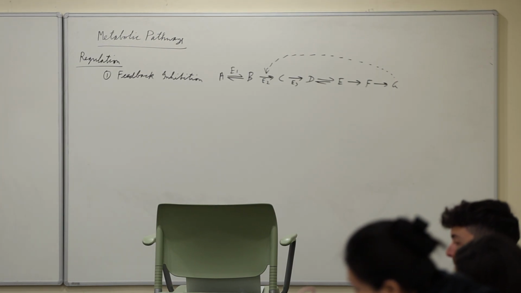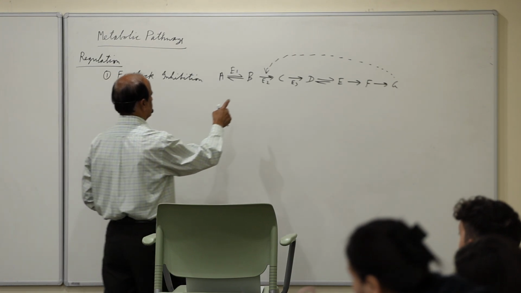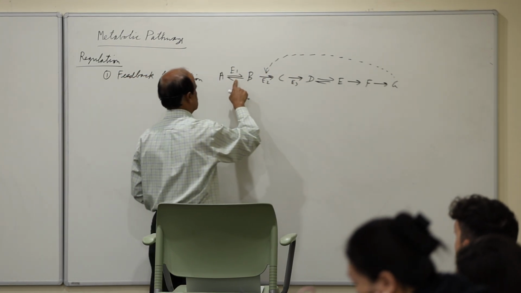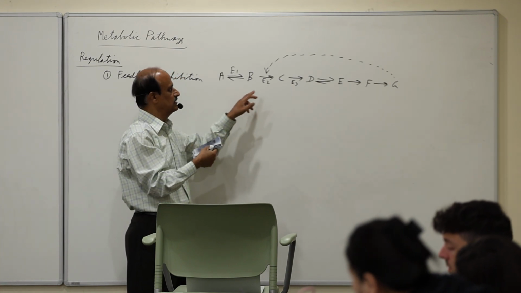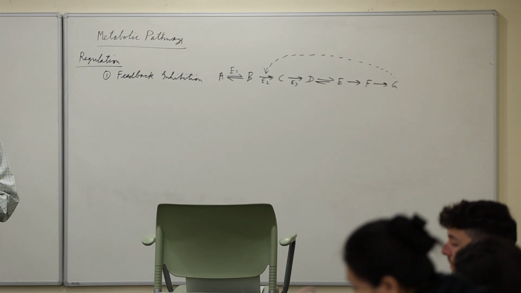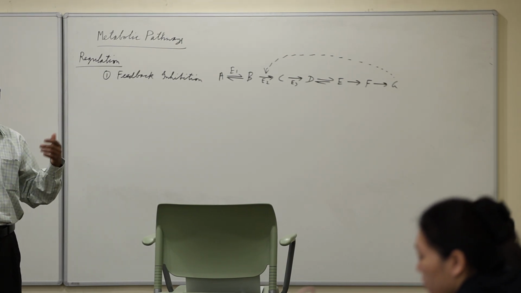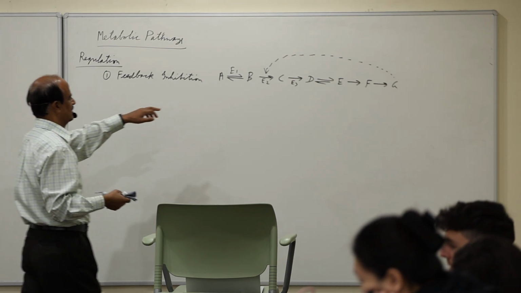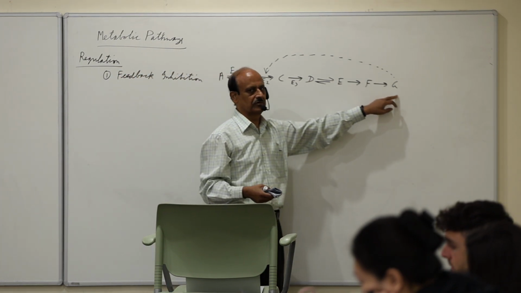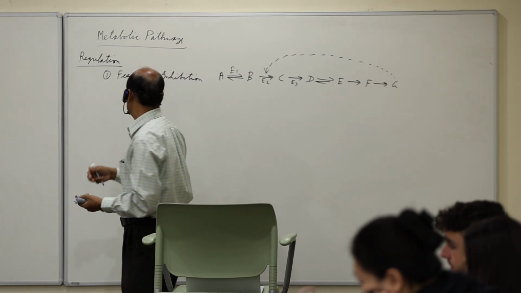And as we will see later, it is always actually an irreversible step. You won't find G inhibiting this enzyme, because this is a reversible one. It always inhibits an irreversible one. So that means nature has evolved to make this enzyme E2 in such a way that it has a binding site for G. That's called allosteric inhibition.